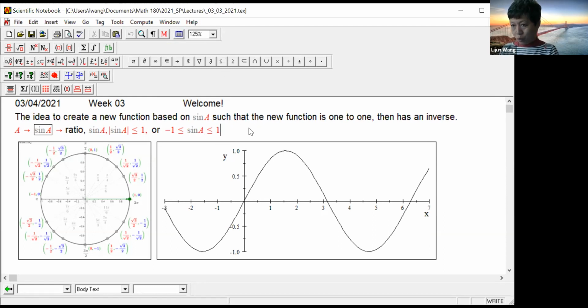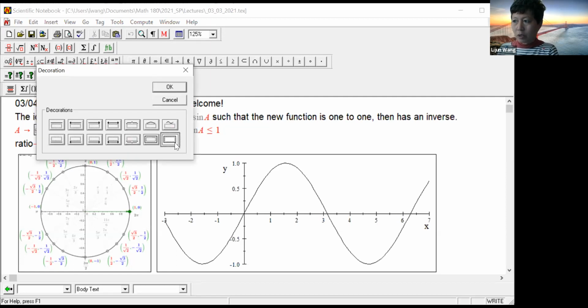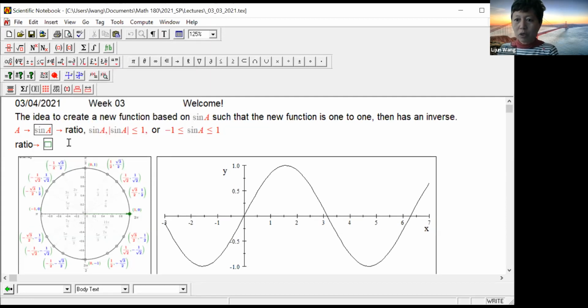So when we switch, when we invert it, the input and output are swapped. So now the ratio is going to be the input for the inverse function. And we call this inverse function different names, right?